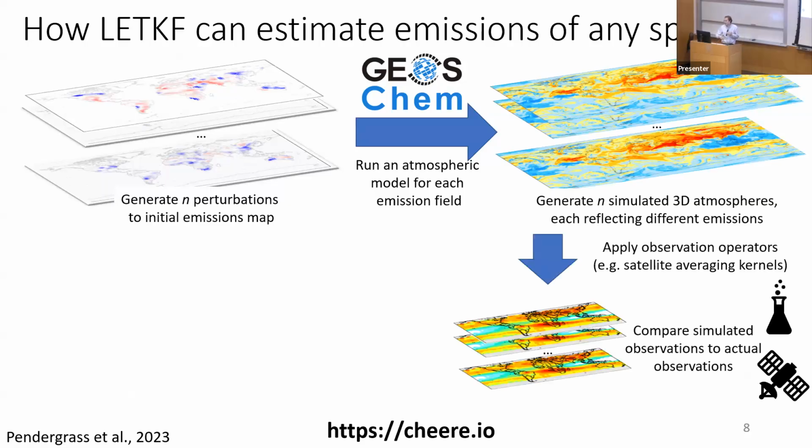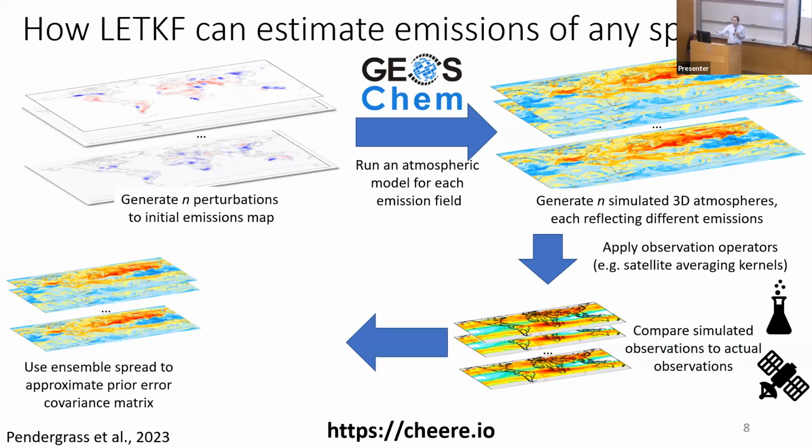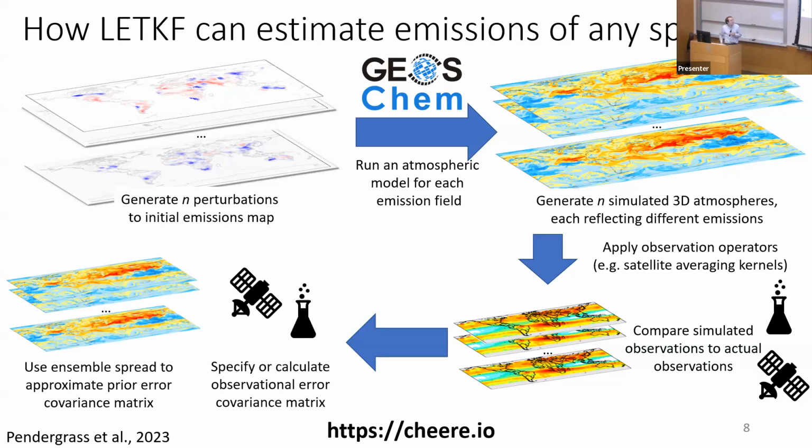Then you simulate what an observer would see of these simulated atmospheres. So this is like applying a satellite averaging kernel or something like this. And then you use this to do a bunch of math. This is all abstracted away from you, the user, but I'm happy to talk about it if you want. But you do this Bayesian cost function optimization. Jin actually was very helpful in showing that cost function optimization.